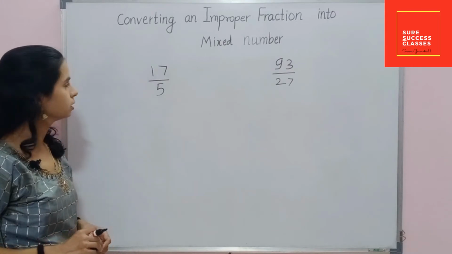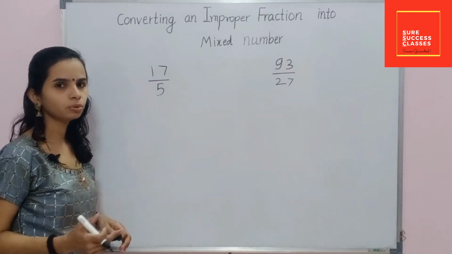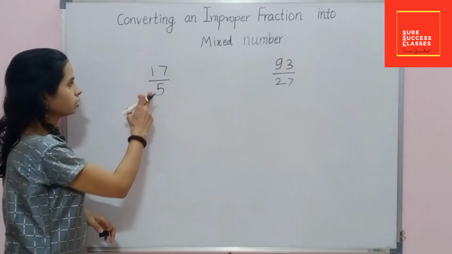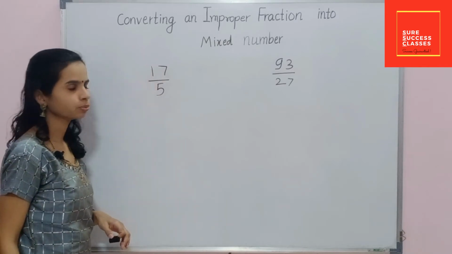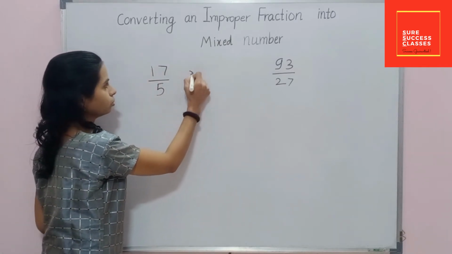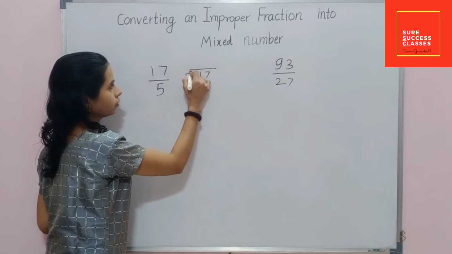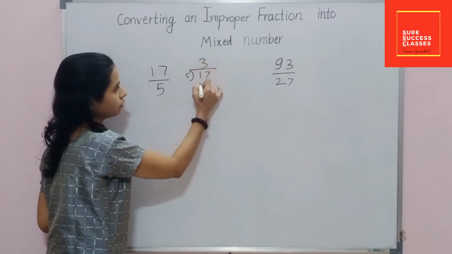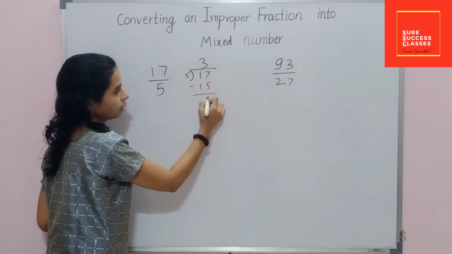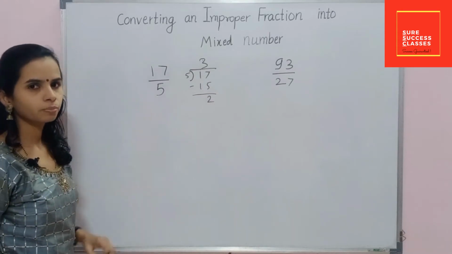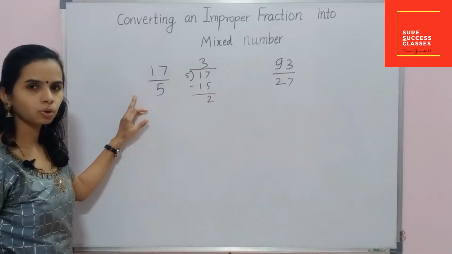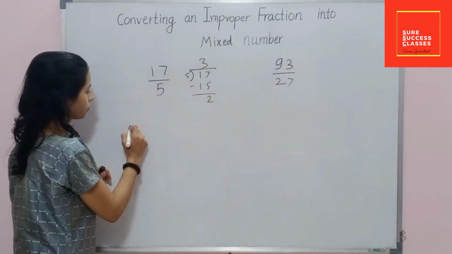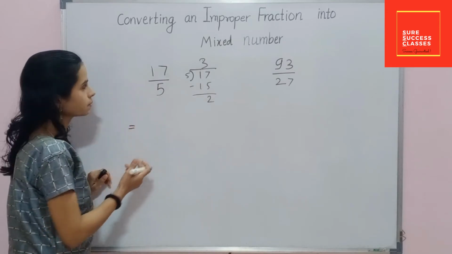Let us convert these improper fractions into mixed numbers. Here 17 by 5 means if we do division, at that time 5 3s are 15 and 2 will remain. So mixed number for this improper fraction will be, how can we write this?